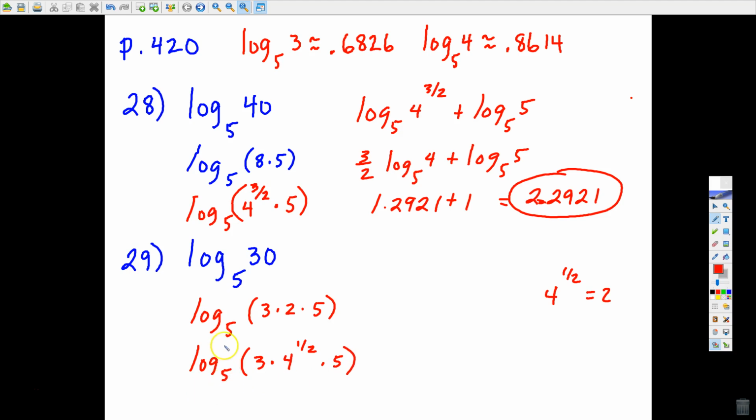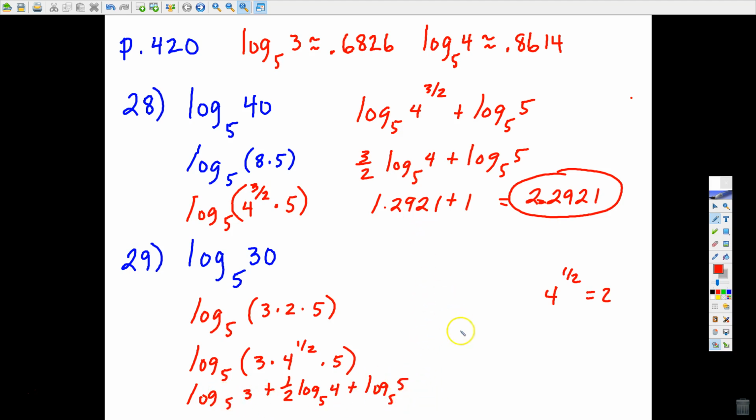Alright, now let's use the product property. Log base 5 of 3, plus, let's go ahead and do the power property while we're at it, like we did up here. Using the power property, this becomes 1/2 log base 5 of 4 plus log base 5 of 5.